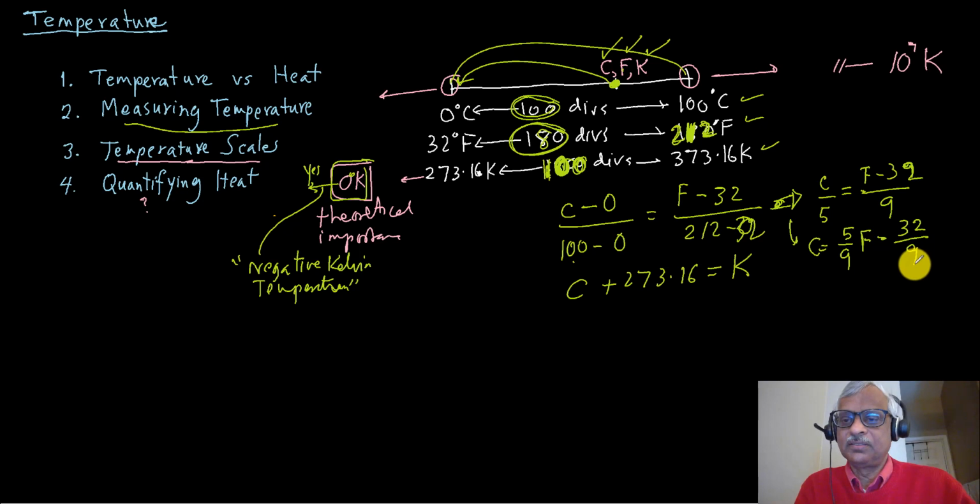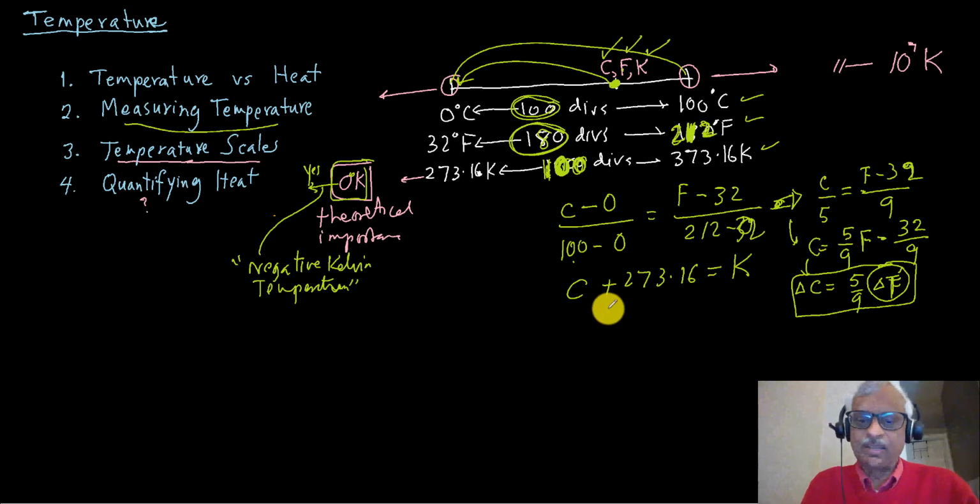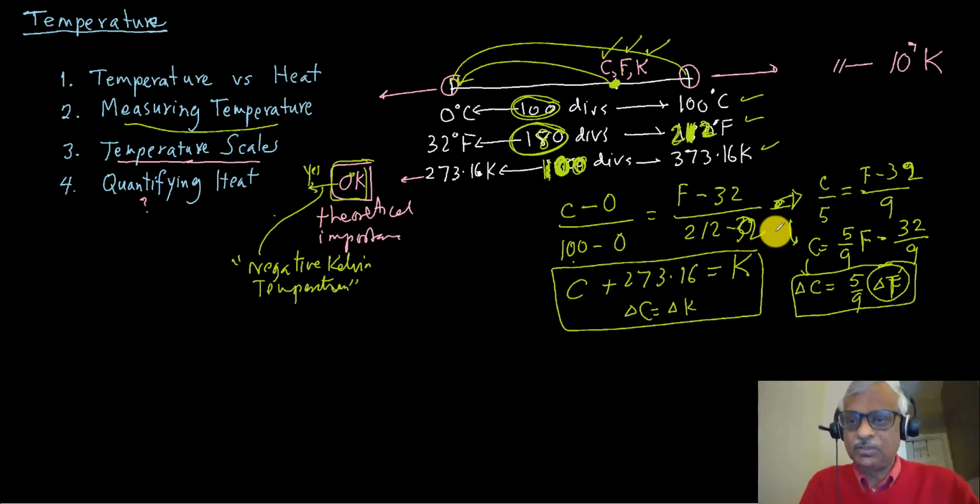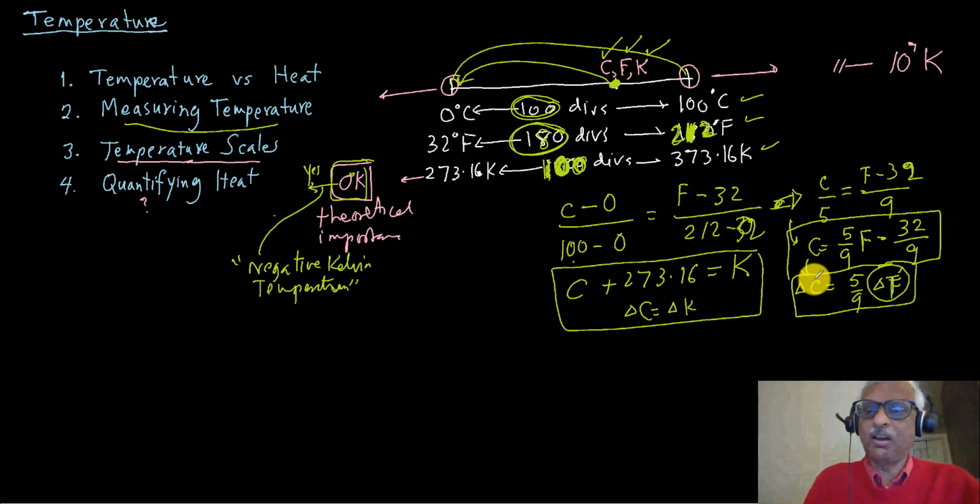So here you can say delta C is actually 5/9 of delta F. So 1 degree in here is only 5/9 degree, and this is for the change in temperature, and delta C equals delta K. So these are two relations. You don't need to remember both; from one relation you can find the other, but if you want to remember, in thermodynamics we often work with changes.